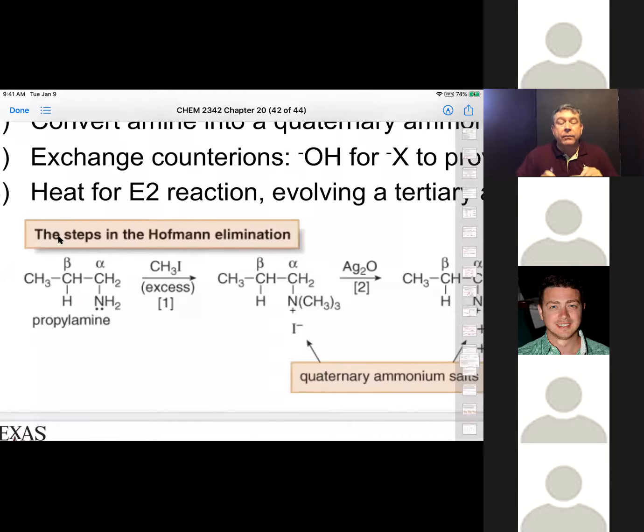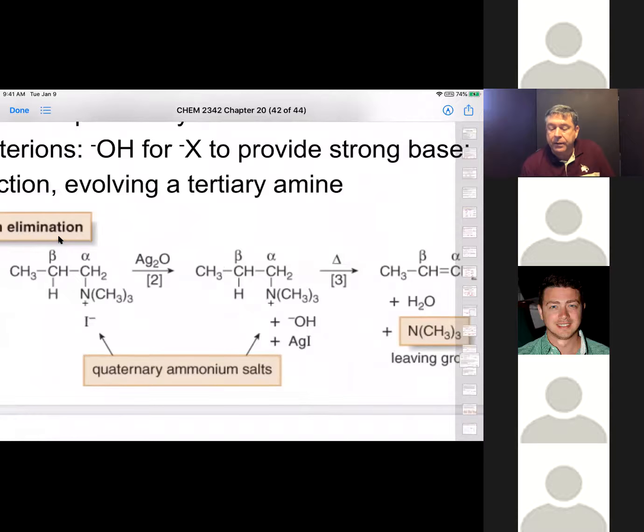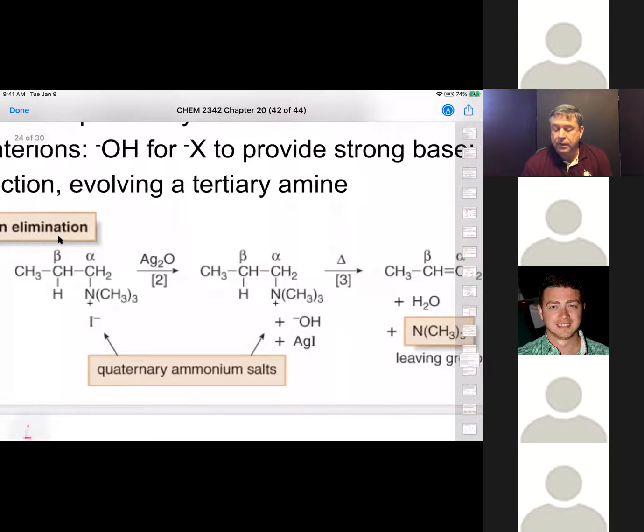So our next reagent here is silver oxide. The silver oxide is going to generate a salt with our ammonium compound, and we get hydroxide out of it, which is a good base. Okay, so we get attack by our base at our beta carbon.